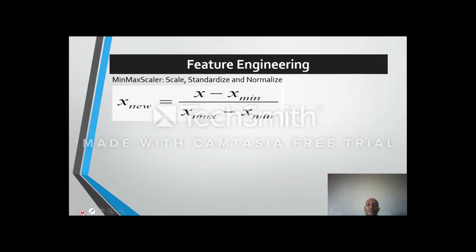Within our features, we need to do some feature engineering. An example is what I made mention of earlier. We have the time column, the V1 to V28 columns, the amount column, and also the class column.